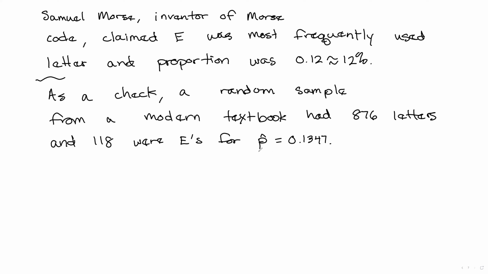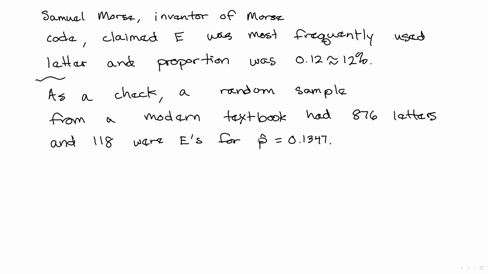So the modern textbook is not the whole entire English language. It's a subset. Actually, I take it back. The modern textbook is the population in this case. So it's not all English language. The modern textbook is the population, and we're taking 876 letters from it. There's way more than 876 letters in the textbook itself.